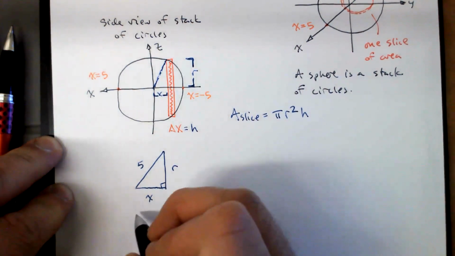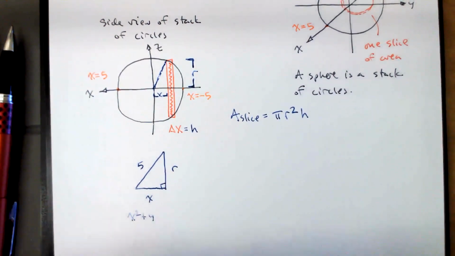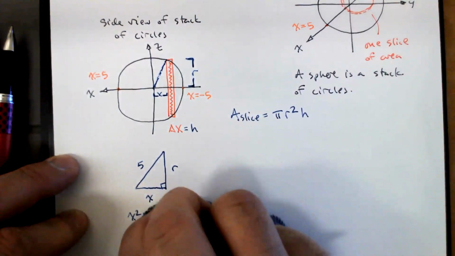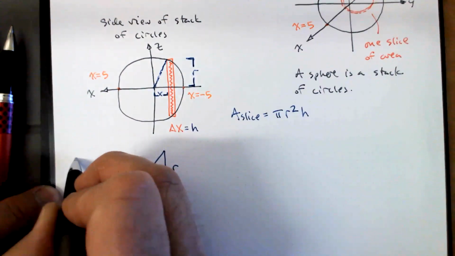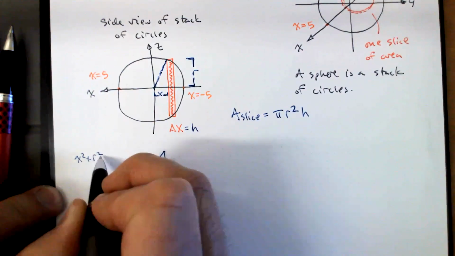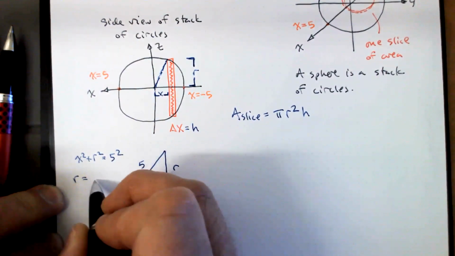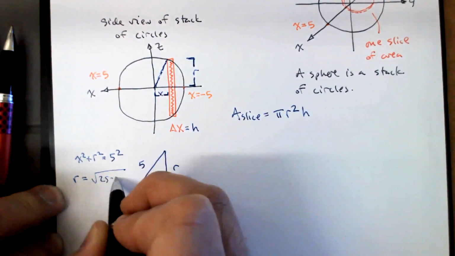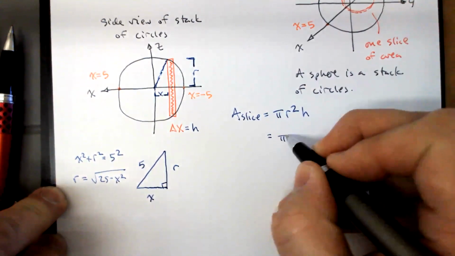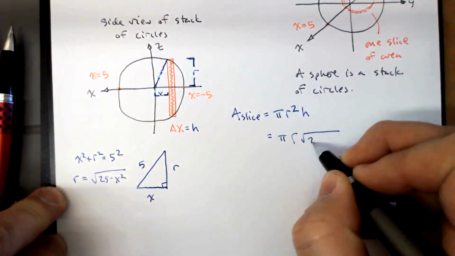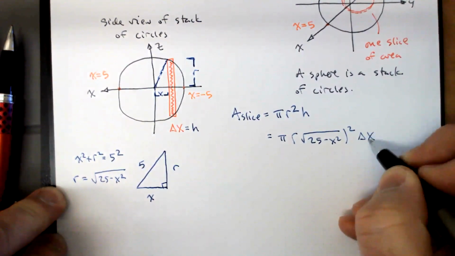So this tells us that x squared plus r squared is 5 squared. And so that says that r is the square root of 25 minus x squared. So the area of the slice is going to be pi times the square root of 25 minus x squared times the delta variable, delta x.